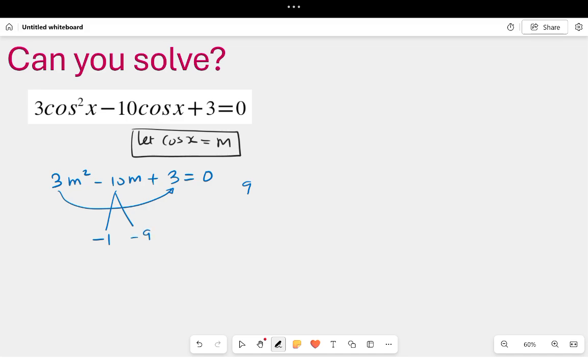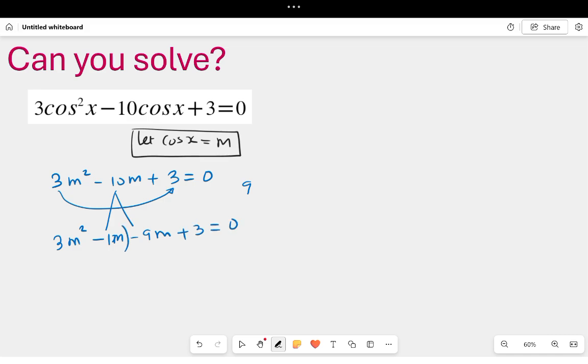Negative 1 plus negative 9, you get negative 10. Negative 1 times negative 9, you get positive 9. All right, so these are the coefficients of m, and then over here we are going to have 3m squared, so plus 3 is equal to 0.